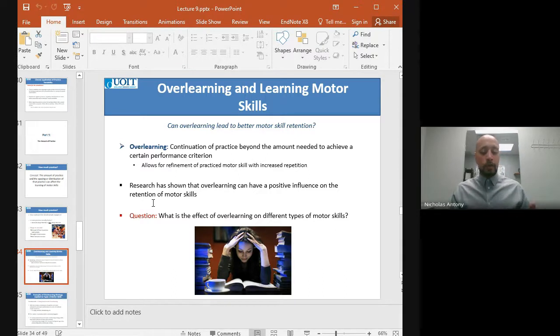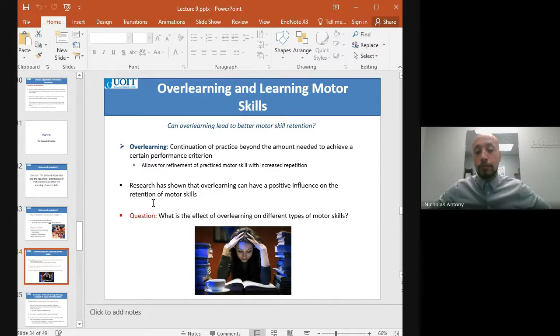Usually, in school, you have to hit a certain percentage to prove that you've learned the material, right? So, pass, fail. If you get over 50, you've passed the course, you've learned the material enough. Is there a benefit to learning the course past that to ensure that you would retain that information? That's an example of overlearning.